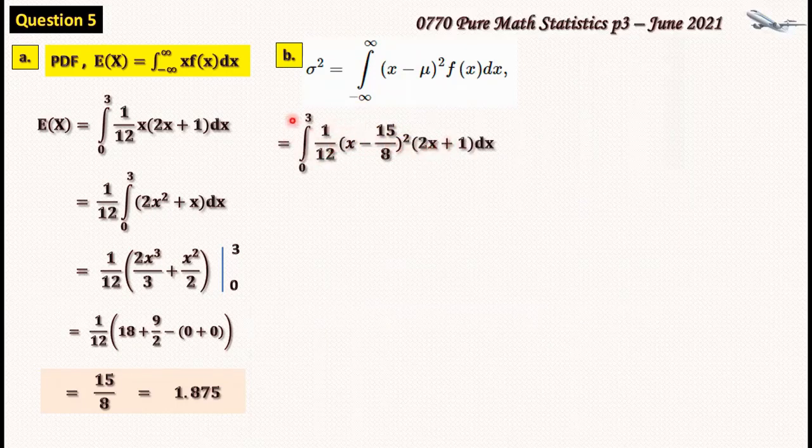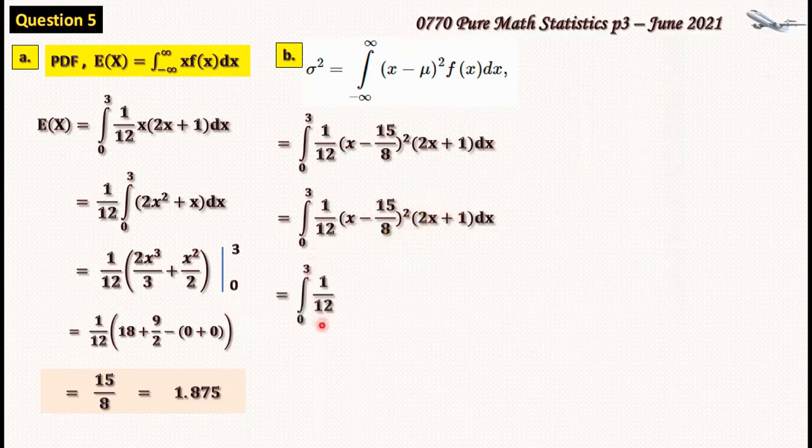I'm going to expand this and simplify. This will give me 1 over 12 into (x minus 15 on 8) squared into 2x plus 1 dx.